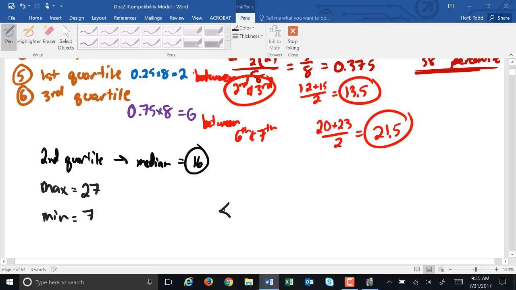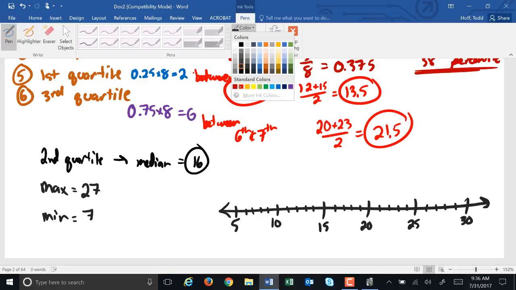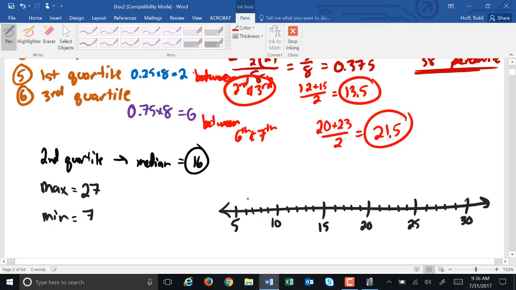And we did talk briefly about this box plot. And this box plot really is an important plot. And we've got the min of 7, so I'm going to put a dot at 7. First quartile of 13.5, so I'm actually going to put a line at 13.5.